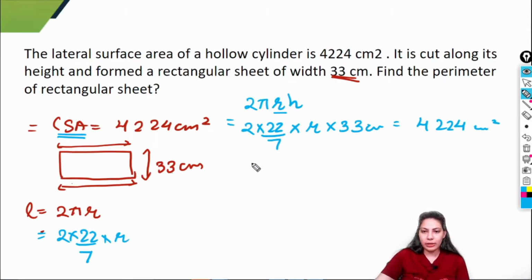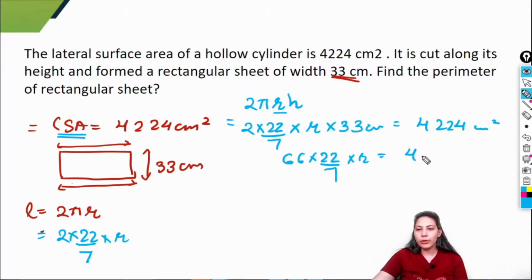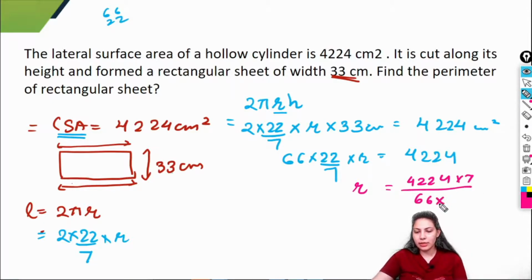So let's calculate here. 33 into 2 is 66. 66 into 22 by 7 into R is 4224. And let me do rough work here. 66 into 22. So let us directly solve like 4224 into 7 upon 66 into 22.